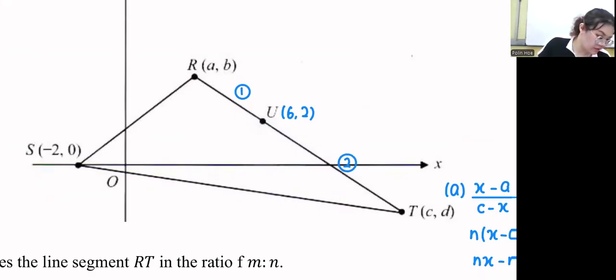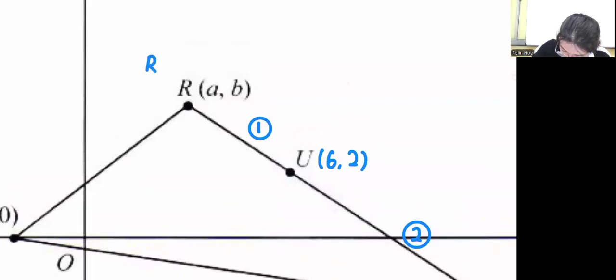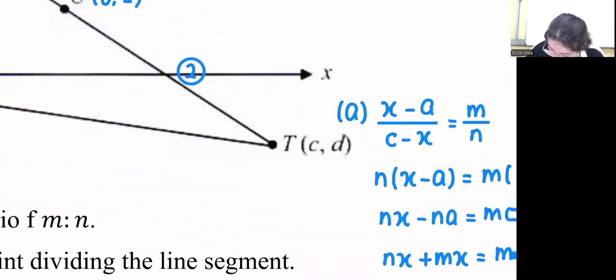Okay, settle. Find the coordinates of R and the coordinates of T. If b is equal to a plus 1, so I change the coordinate. R will be (a plus 1), and c equals negative 60.